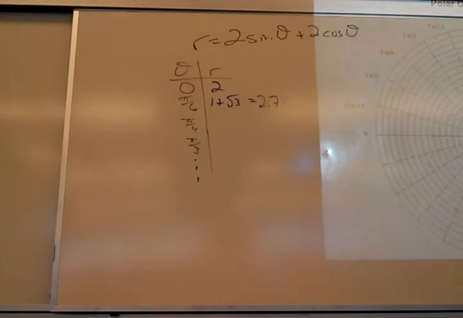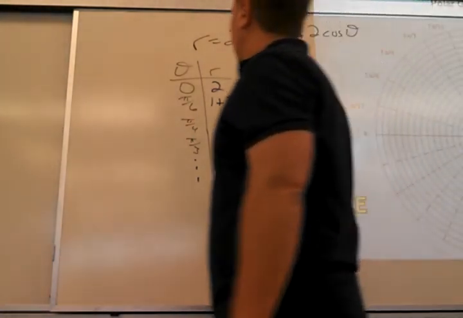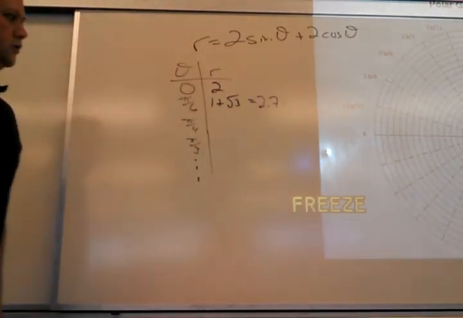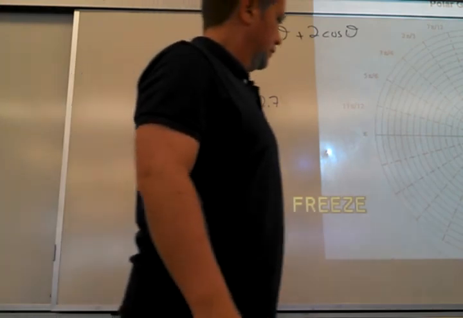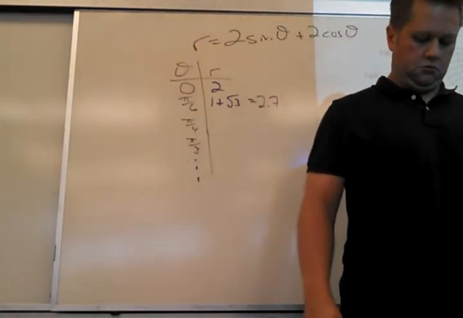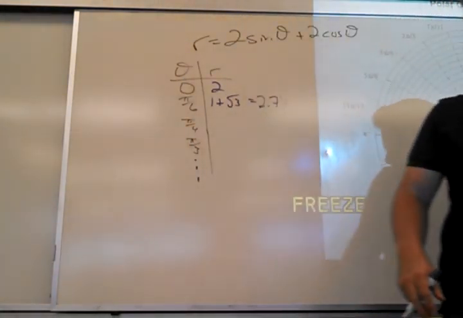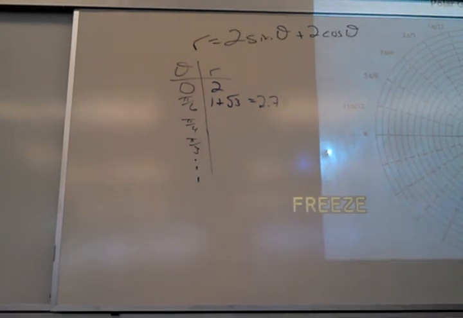Continue to the next step. So now we do the negative. So now we go 2 over root 2. 2 over root 3, or 5 over 3.